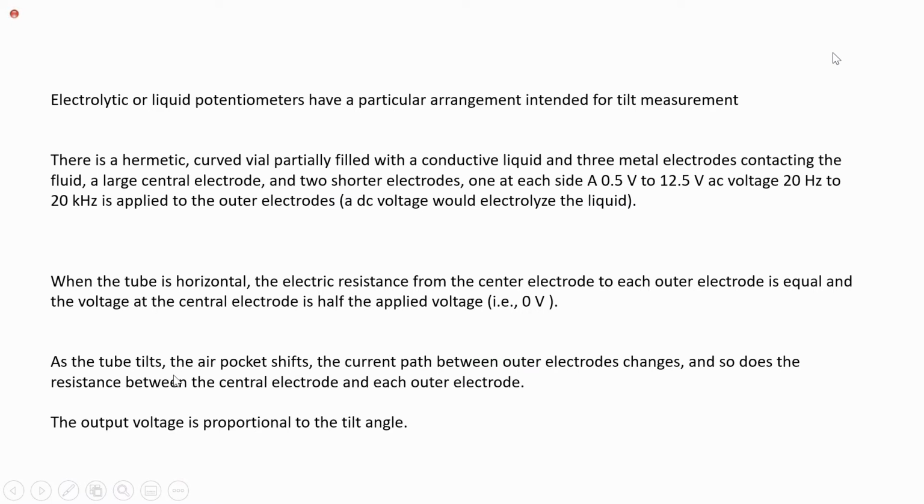As the tube tilts, the air pocket shifts, the current path between outer electrodes changes, and so does the resistance between the central electrode and each outer electrode.